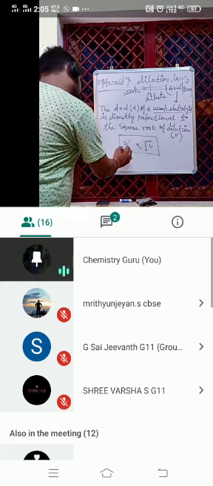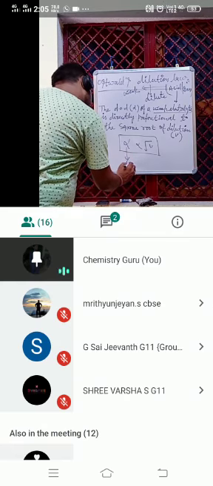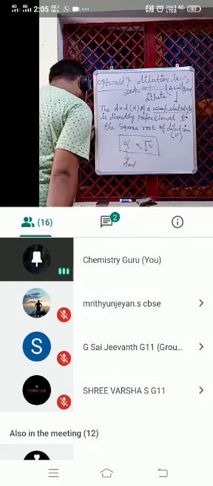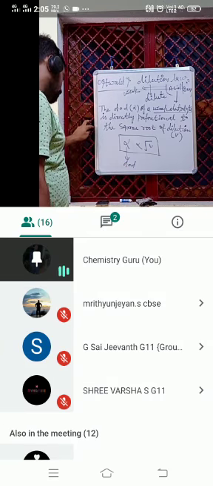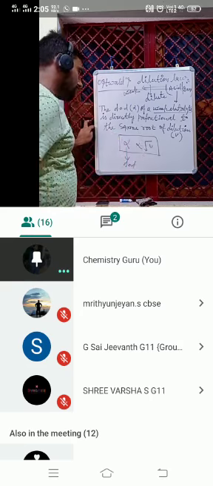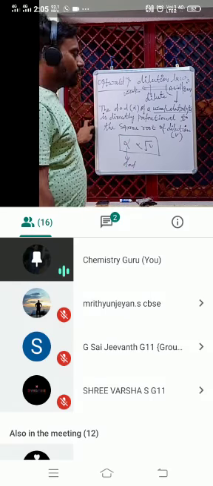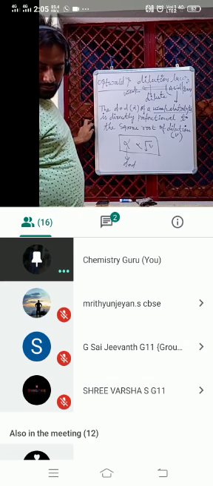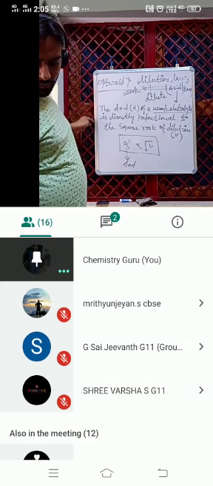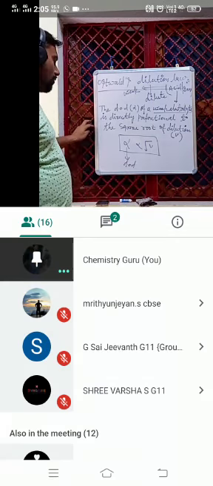Degree of dissociation, this is DOD, is directly proportional to the square root of dilution. This is V. Note it down fast.